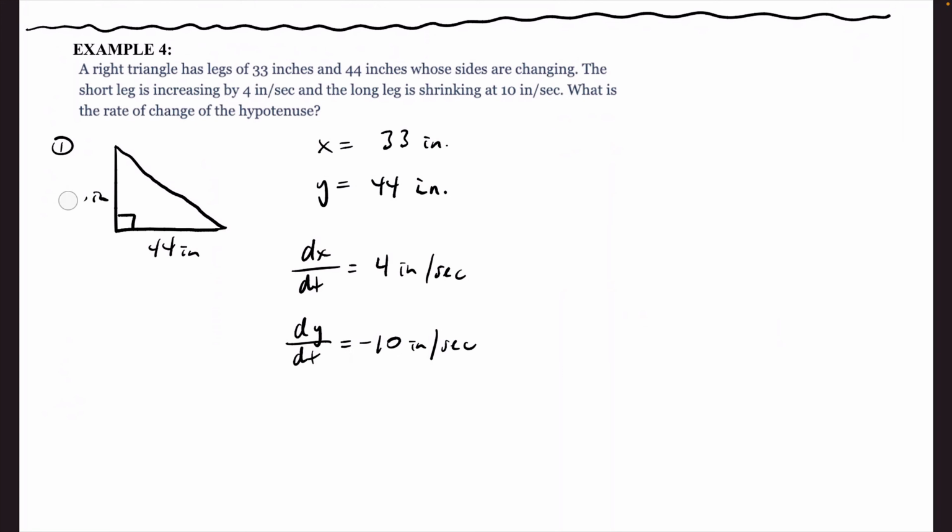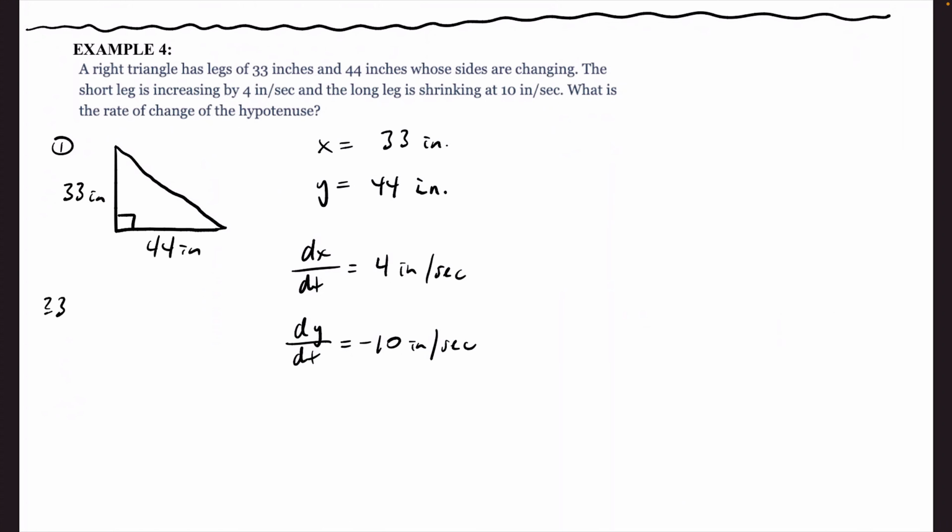Here's the nice part about this lesson: calculators are okay, because you're going to have to deal with a lot of this kind of stuff.